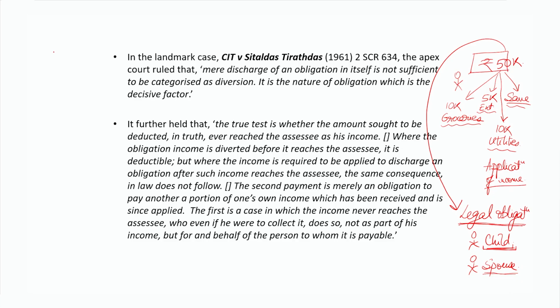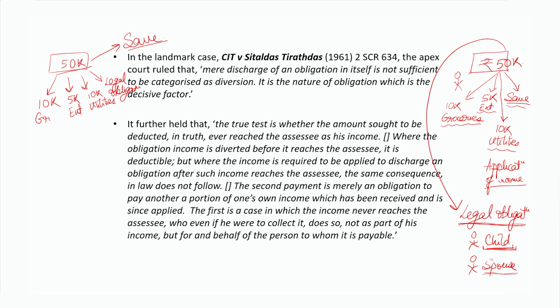Contrast this to a situation wherein again you are earning 50,000, right? And this income, let's say for example, again you're spending it in similar ways. So you've got 10,000 on groceries, you're paying 5,000 on entertainment, you are paying another 10,000 on your utilities, and you have got some legal obligations together with you wanting to save some amount, right?